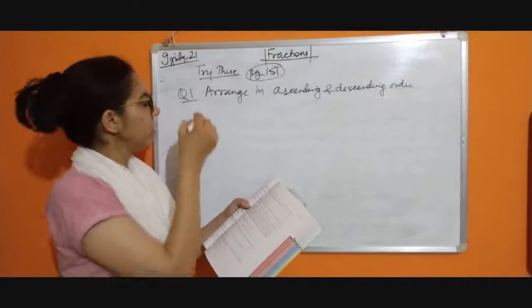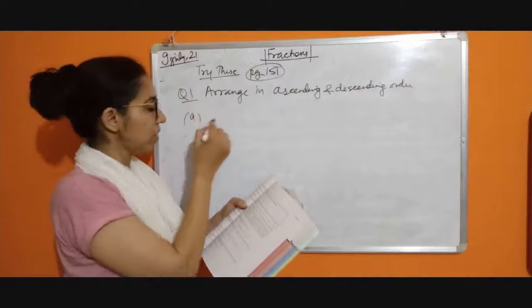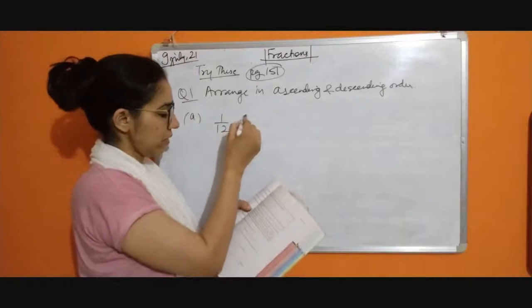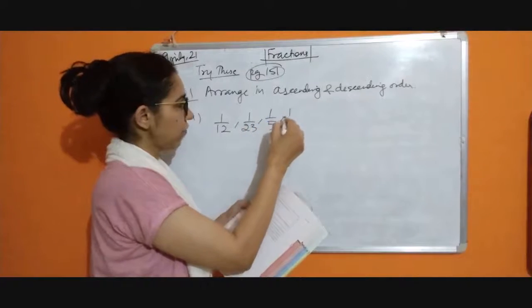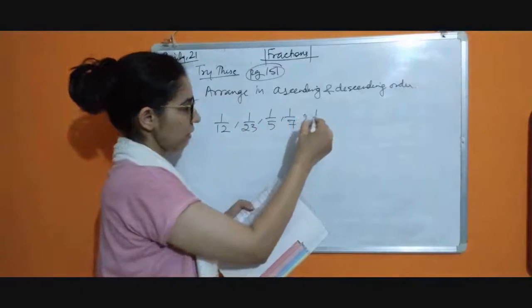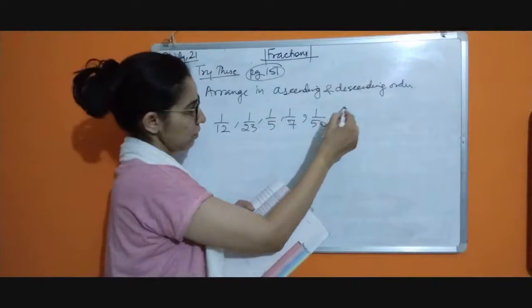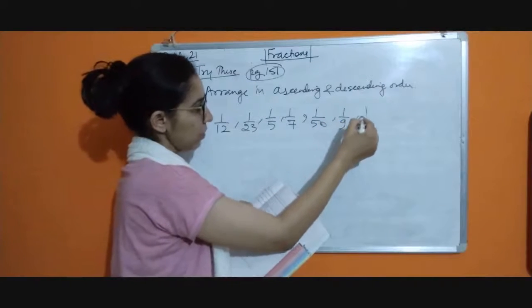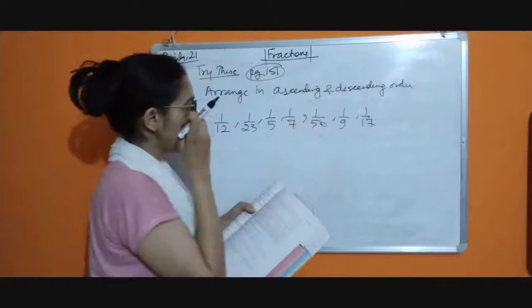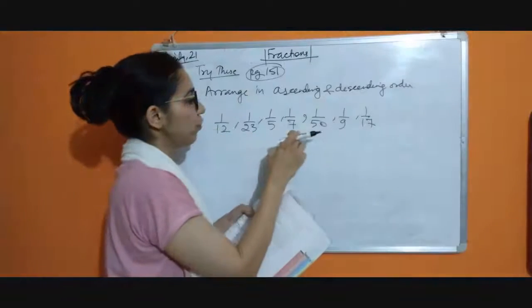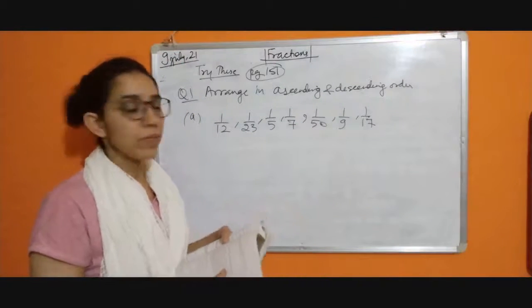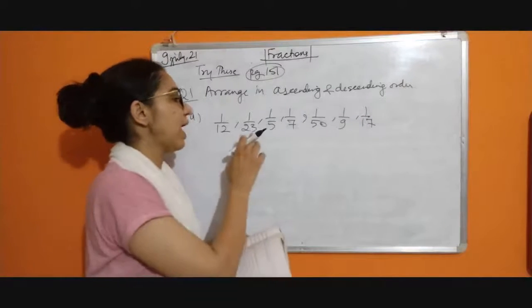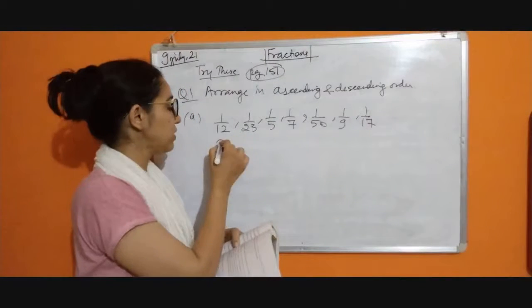So we are going to do one part. 1 by 12, 1 by 23, then 1 by 5, 1 by 7, 1 by 50, 1 by 9, 1 by 17. You see that there are 7 fractions, and all of them are unlike because they have different denominators.